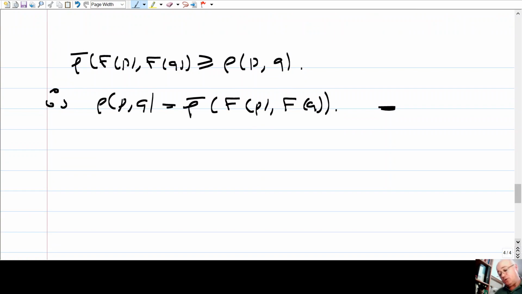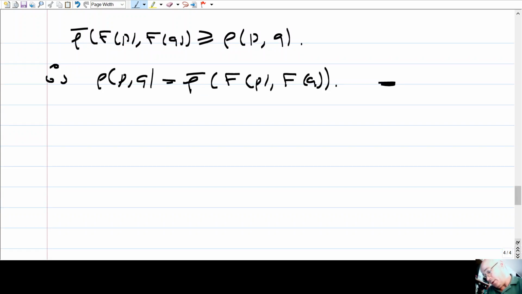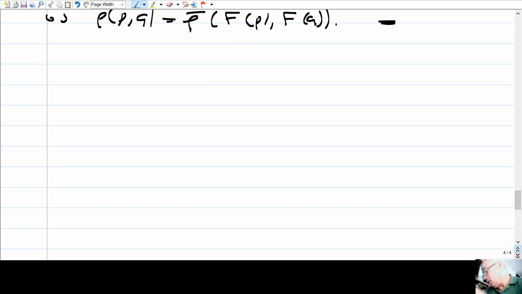So that's an isometry, and isometries preserve distances. They preserve inner products and therefore they preserve distances. All right. Now we have another definition. Local isometry.